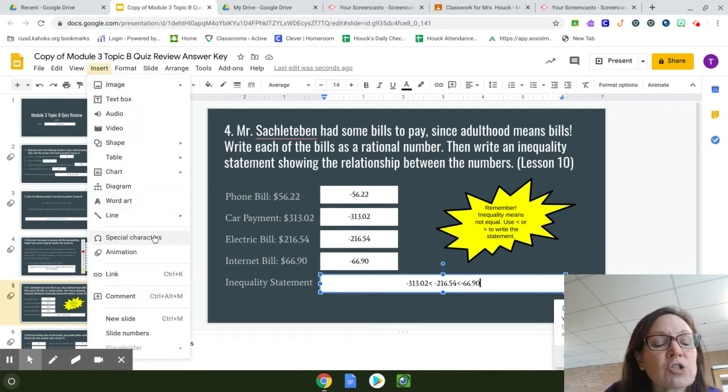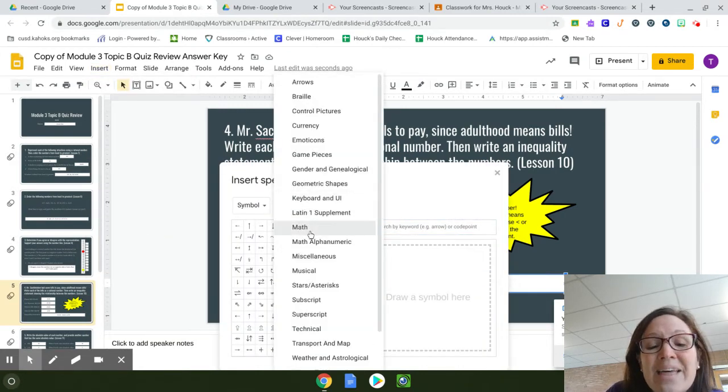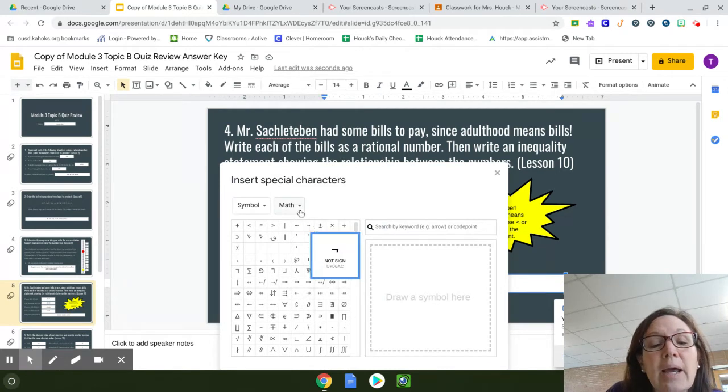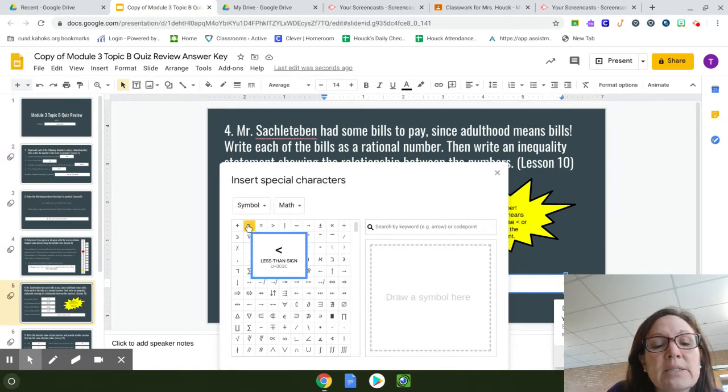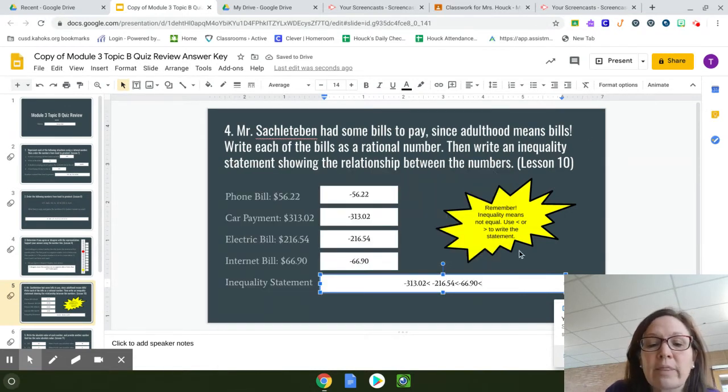I'm going to click special characters. I'm going to make sure I change this for math class. And I'm in math class, and there is my inequality statement. I will click it, and when I click it, it will show up right on my screen, and then I can add my last number. I need to make sure I get everything on there. Okay, so let's go to the next screen.